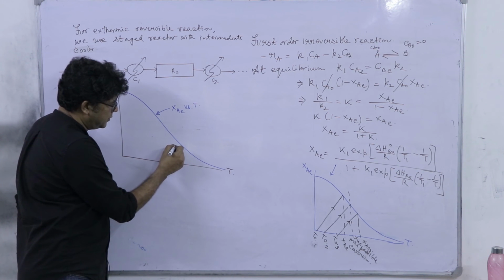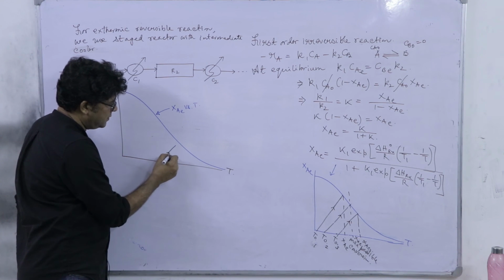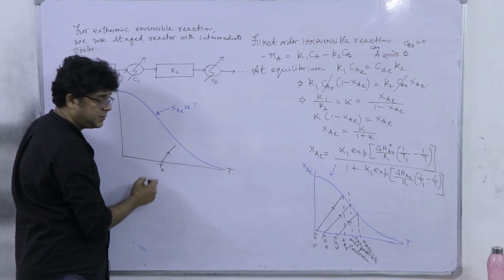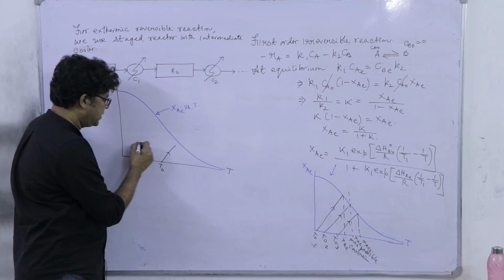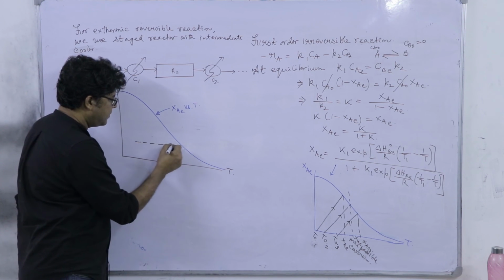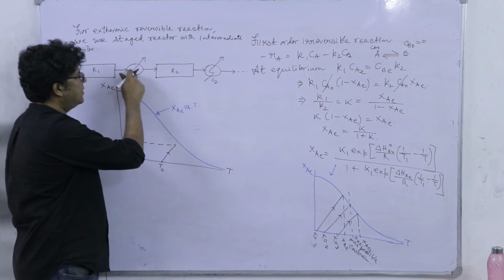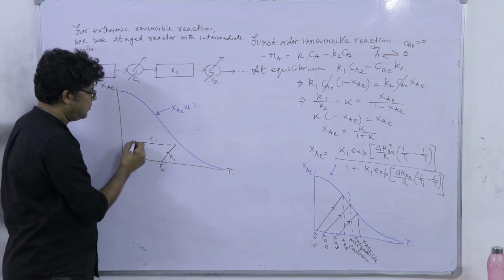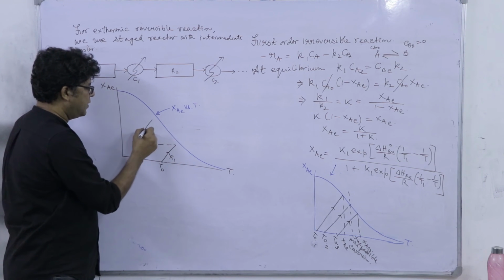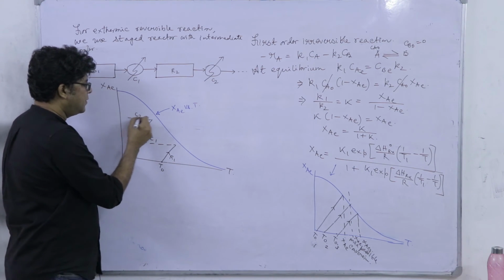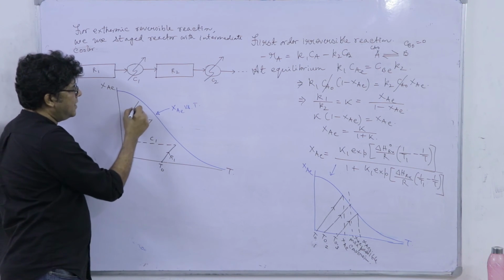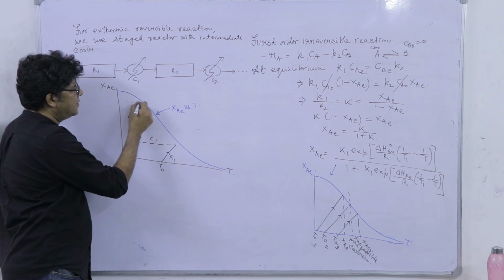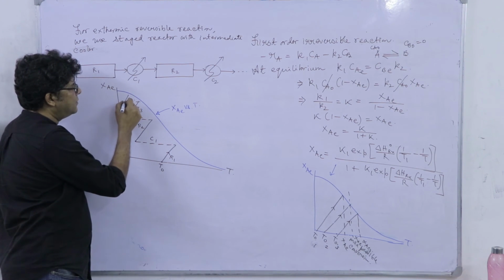So we go up to this, far away from this equilibrium. Next we cool it. And again it enters, so this is the contribution of R1, this is C1. Again we go for R2, we go for C2. Next again we go for R3, C3, and so on and so forth.